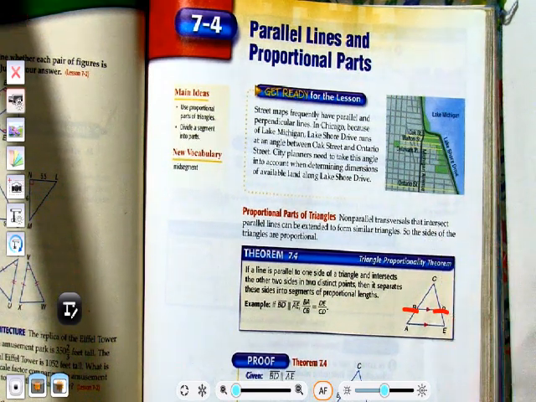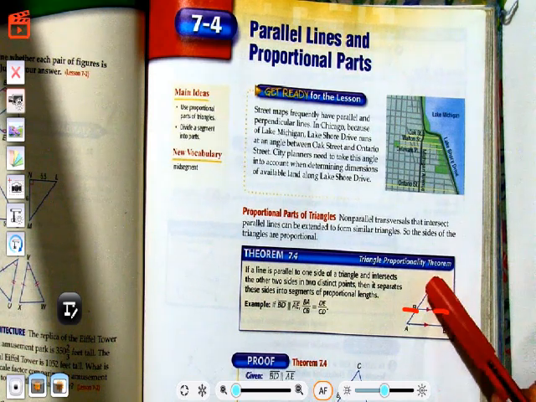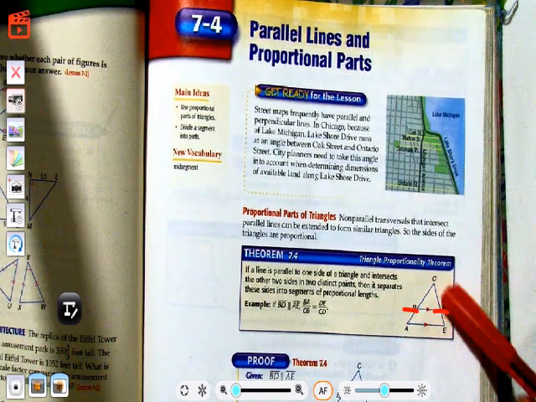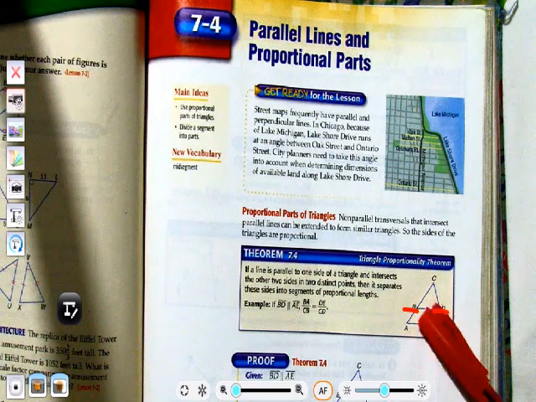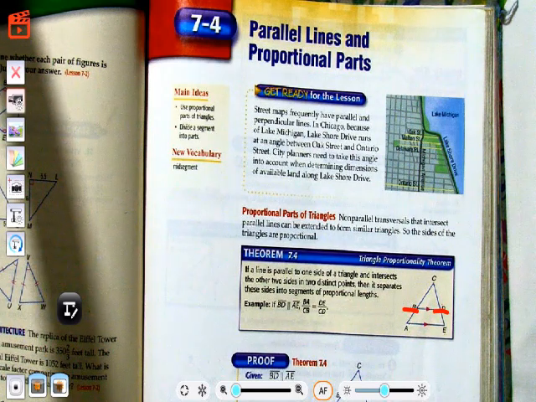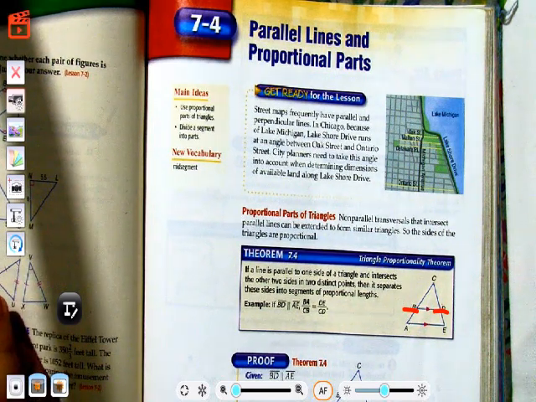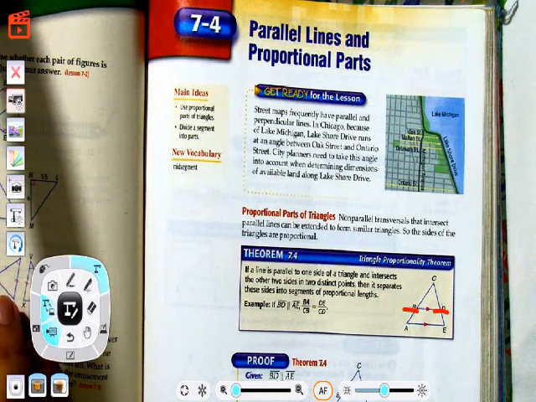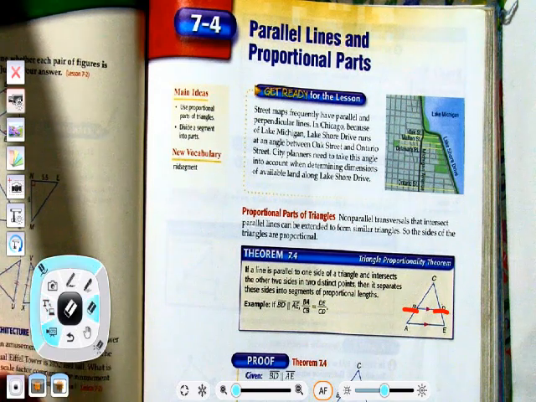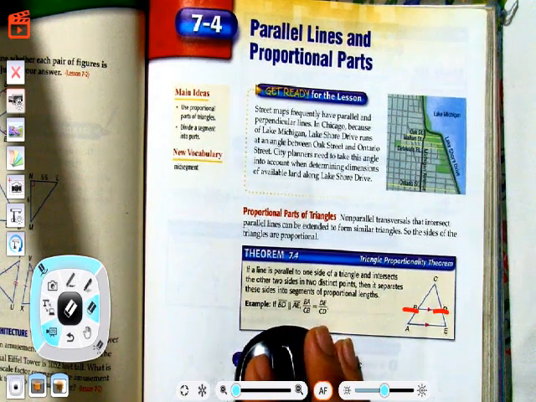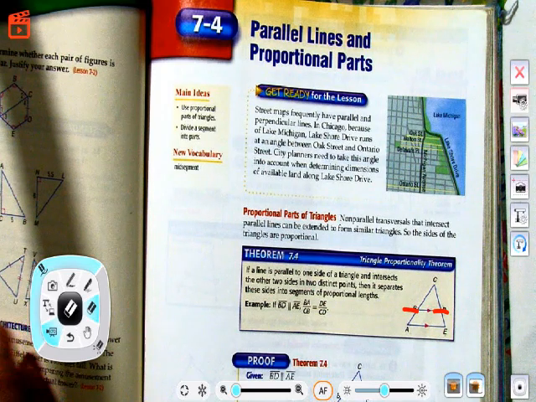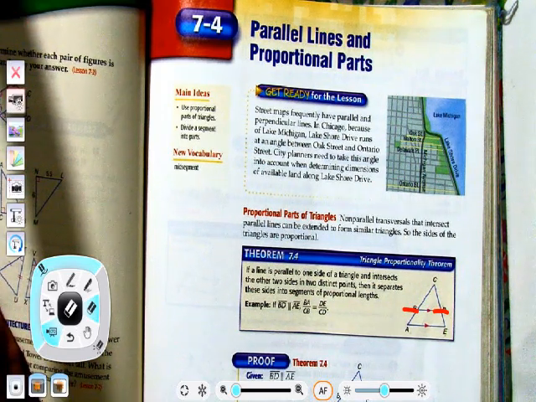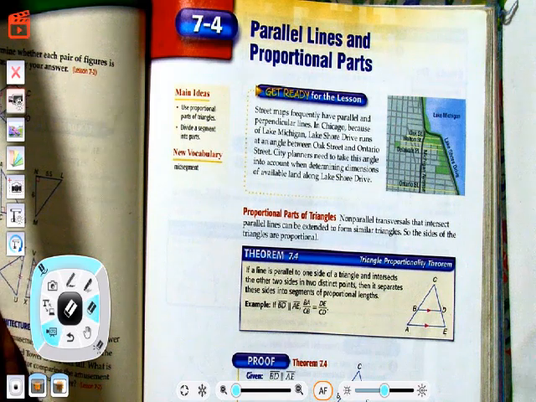That's how you make the equation, the proportionality statement, if there are parallel lines within your triangle. So next we go to the next theorem. Let me just erase this one first. Okay, let's go to the next page.